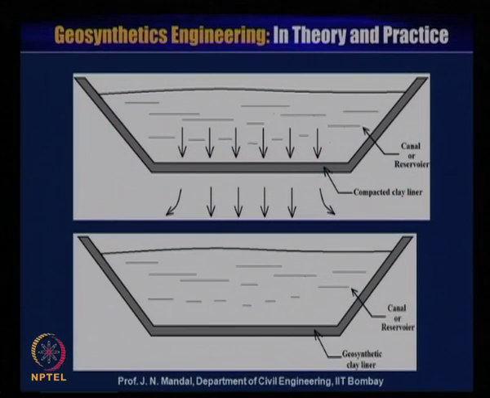In this slide, I am showing one canal or reservoir, and this is the compacted clay liner, and as an alternative to the compacted clay liner, now we place in this canal one geosynthetic clay liner. This is the geosynthetic clay liner.